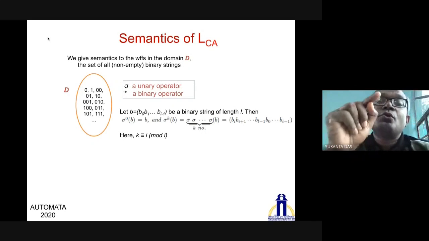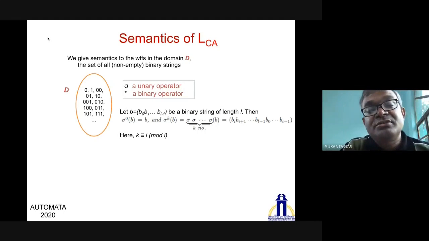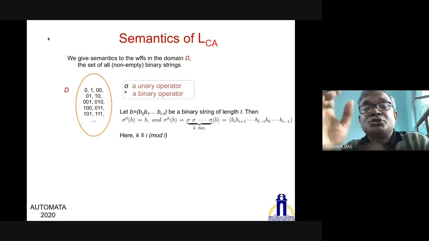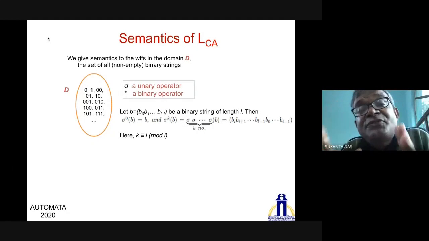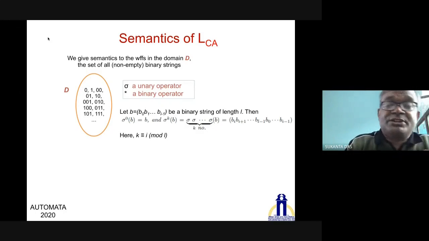So now we are treating sigma as a unary operator under the definition: sigma to the power 0 of b is equal to b, and sigma to the power k of b, that is, k number of sigmas applied, is equal to b(i plus 1), etc. So it's nothing but a left shift operator. You can see here it was b0, b1, and it is left shifted. Circularity is considered and it is left shifted.